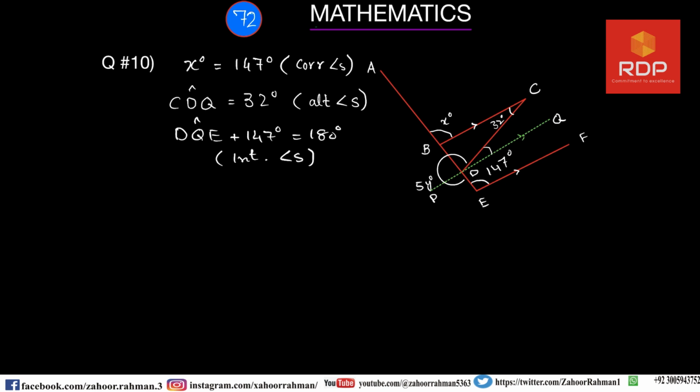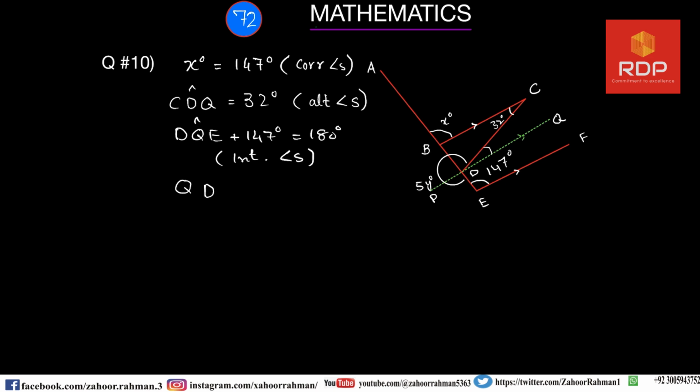Why? Because PQ and EF are parallel lines. So now the rest is easy.